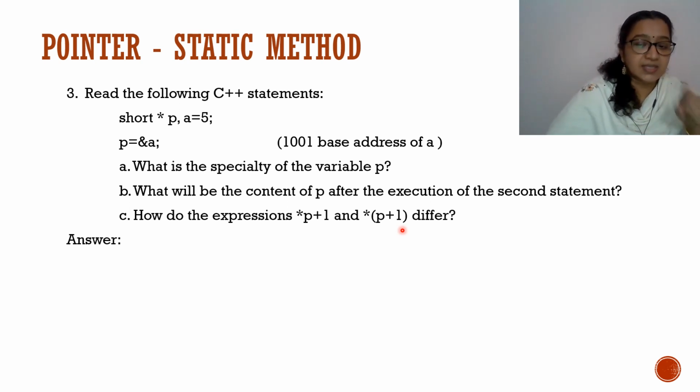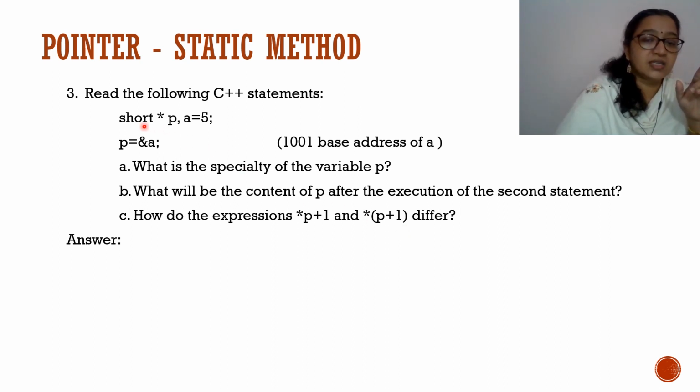But here it's a pointer variable, and 1001 is the base address of A. For short, there are 2 bytes. So 1001 and 1002 are the cells of A. We are holding only the base address, but 1 and 2 together make up the A cell.